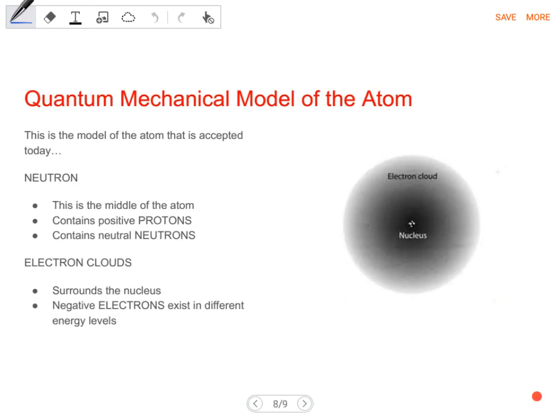So where do we stand today? We have the quantum mechanical model of the atom. This is the model that we accept today. So here's what we got. This should be the nucleus, I'm sorry. Inside of the nucleus, you have positive protons and you have neutral neutrons.